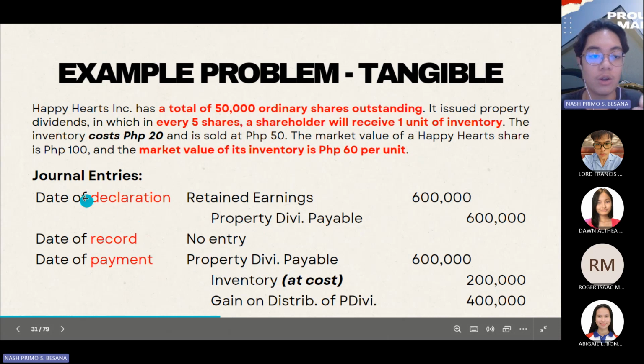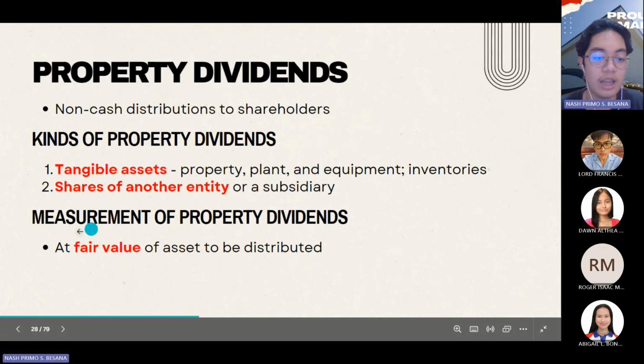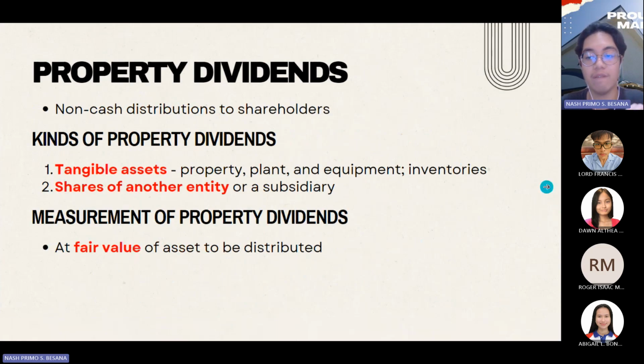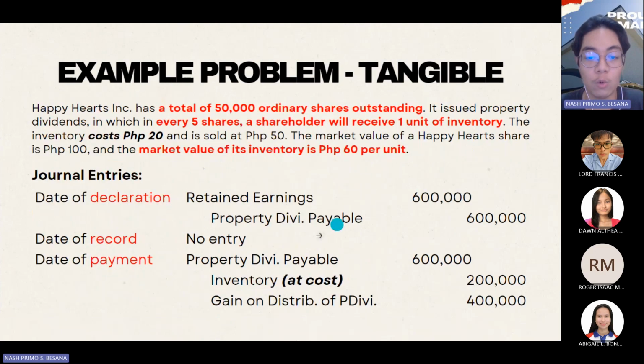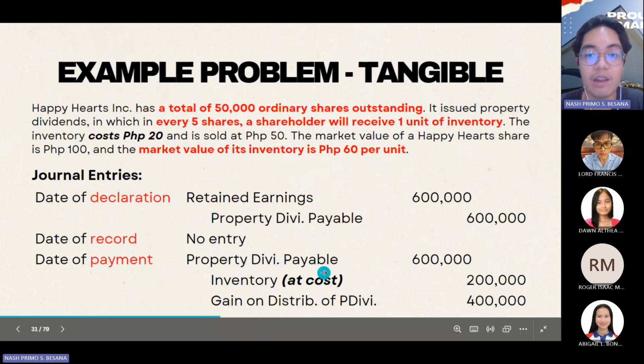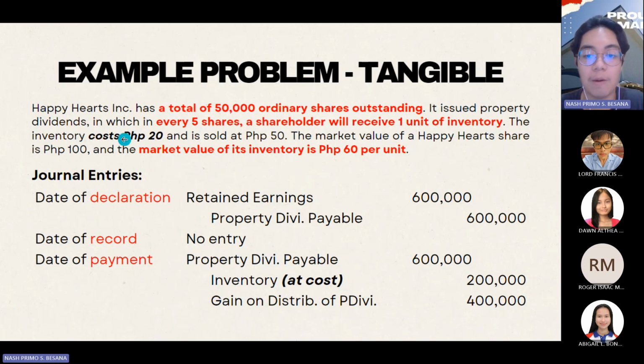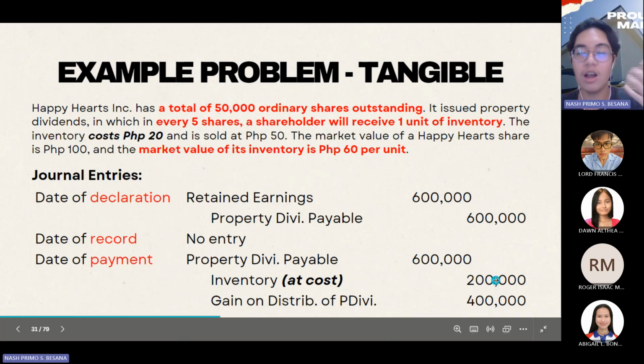Yun yung tanong. Should it be at fair value na nakalagay dito kanina na measurement of property dividends? The answer is no. Kasi ang carrying amount ng inventory is always at cost. And binibigay mo naman siya, parang tinatanggal mo siya sa records mo at cost. So inventory, close out inventory at cost.